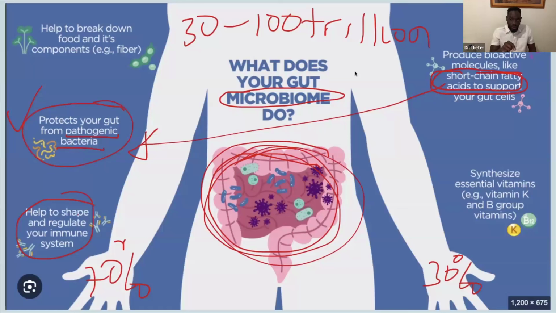And the microbiome is responsible for training the immune system on an appropriate response. It trains the immune system to recognize what is a threat, recognize what is not a threat, and when it recognizes a threat, it advises the immune system on what kind of firepower to use to neutralize that threat.